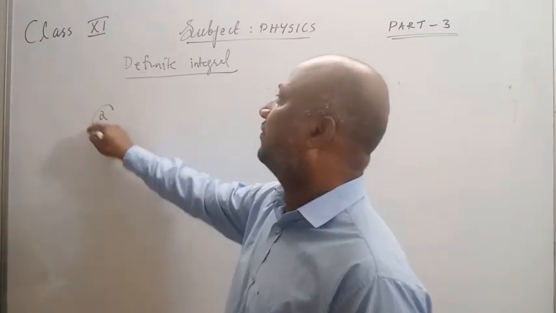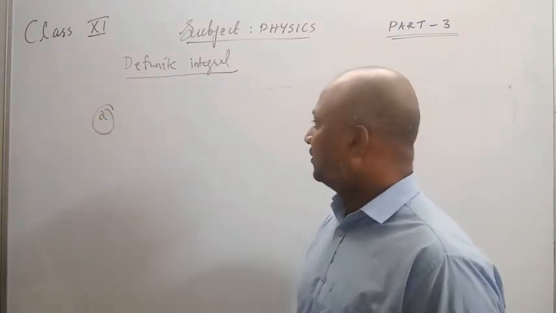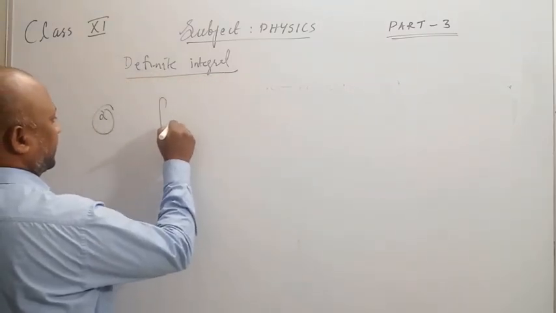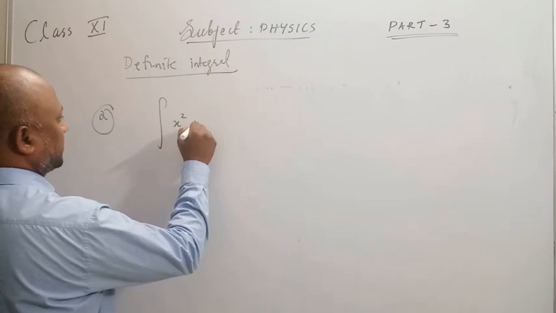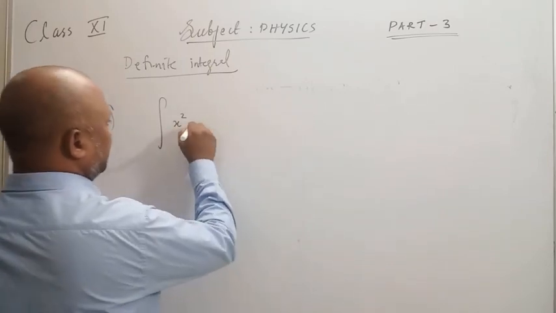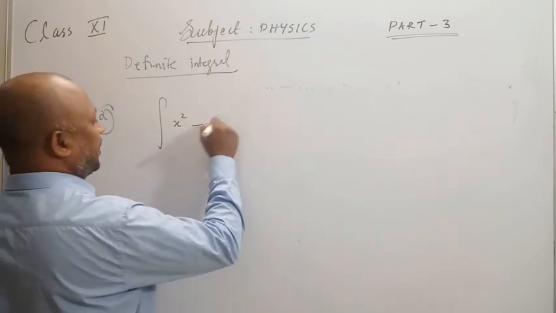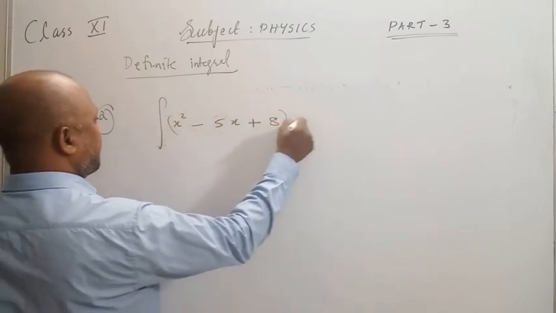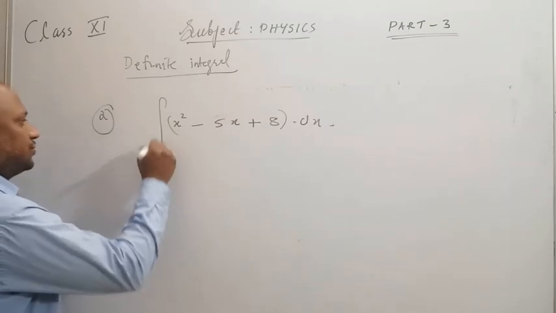Integrate x square minus 7 minus 5x plus 8, from 1 to 3.